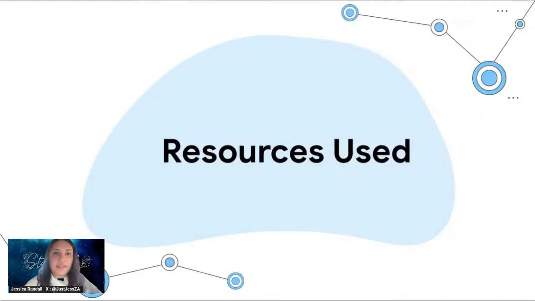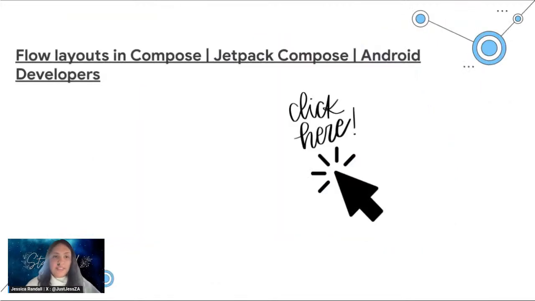And then I just want to explain the resources I used. So I used flow layouts in Compose, Jetpack Compose, Android developers. So I used Android's documentation for flow layouts. If you're interested, you can just search flow layouts, and usually it will pop up on the screen, and you'll go to it, and then they give you snippets.